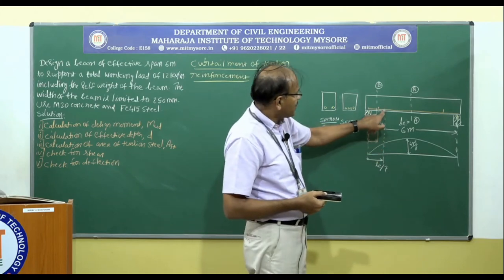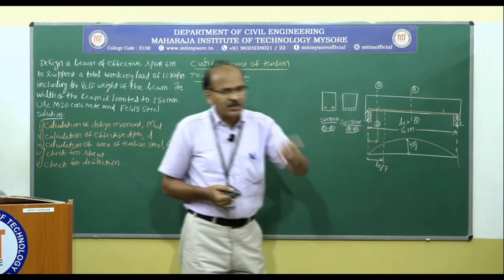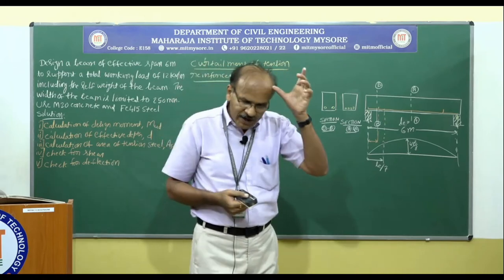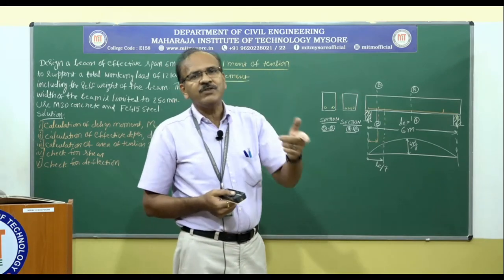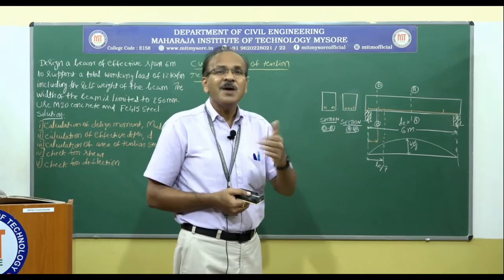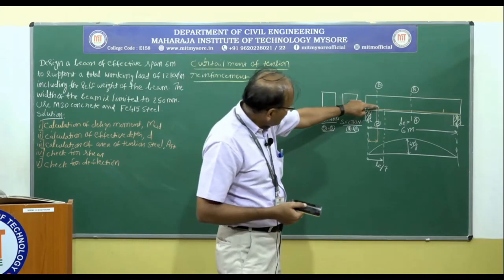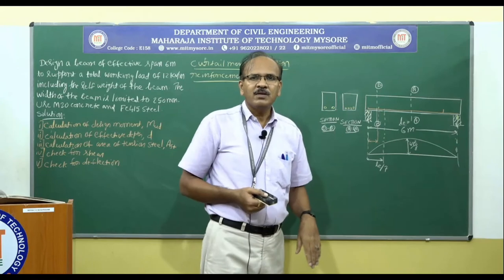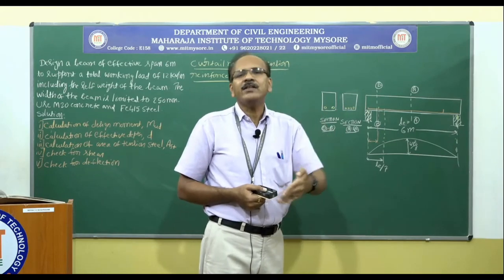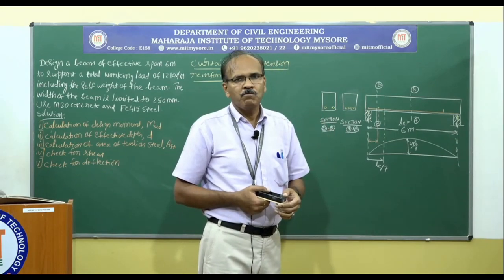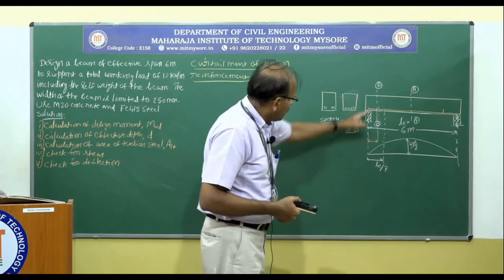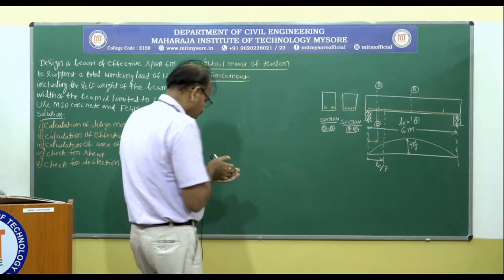But the code says you will have to extend the bar for a distance equal to 12d or 1 effective depth, whichever is greater, beyond the theoretical cutoff point. Then you cut the bar. Curtailing is nothing but ending the bar. Okay. So we will do that.